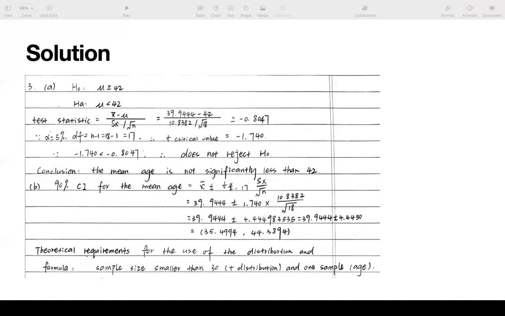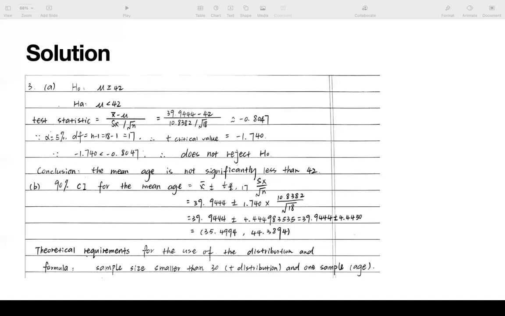For part B, we are asked to give a 90% confidence interval for the mean age, and also give the theoretical requirements for the use of the distribution and formula. The 90% CI for the mean age is x bar plus or minus t critical value times sx divided by square root of n, where n is 18.